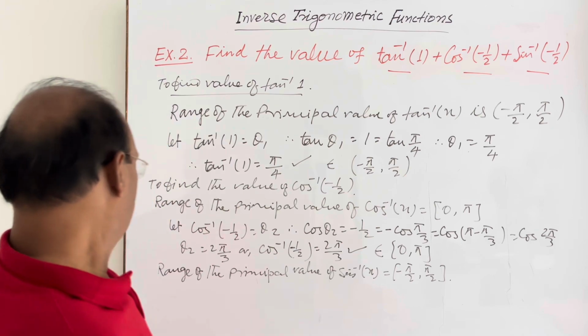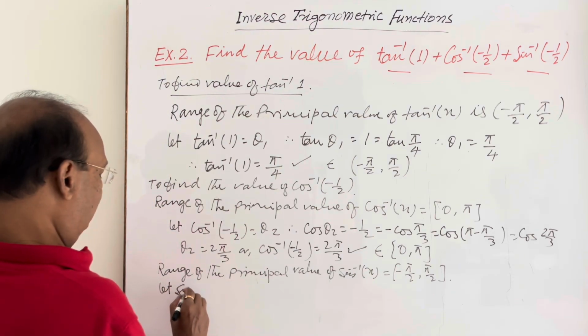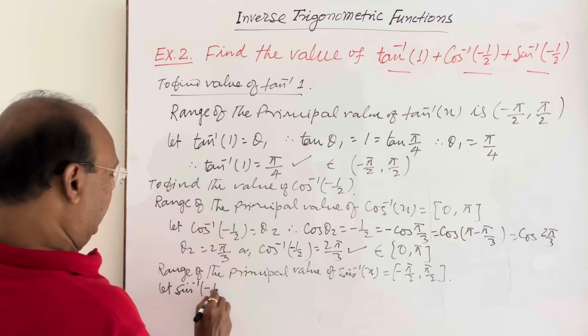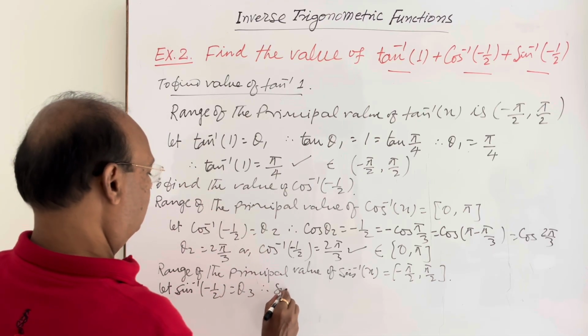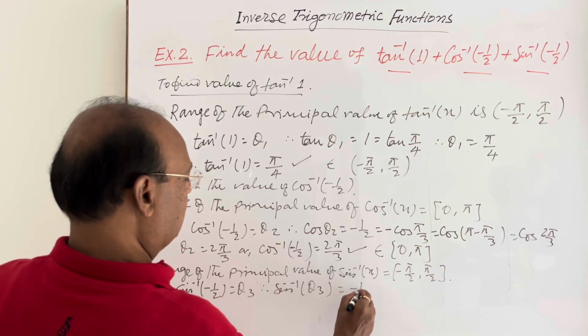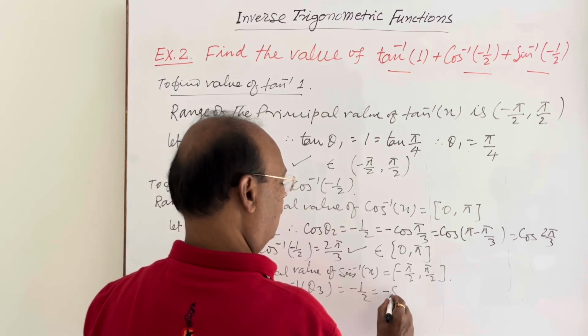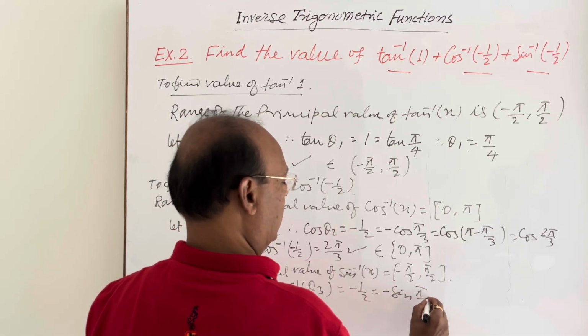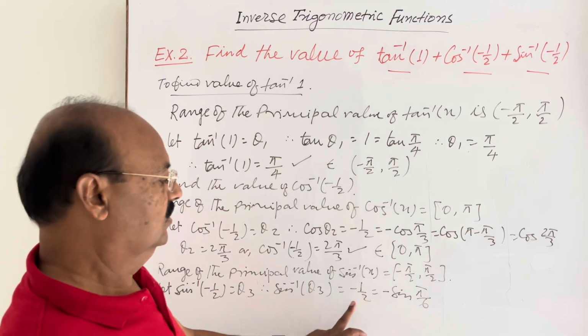Now let us suppose that sin inverse of minus half is equal to theta 3. Therefore, sin of theta 3 is equal to minus half, and this is equal to minus of sin pi by 6. We know sin 30 degree is equal to half.